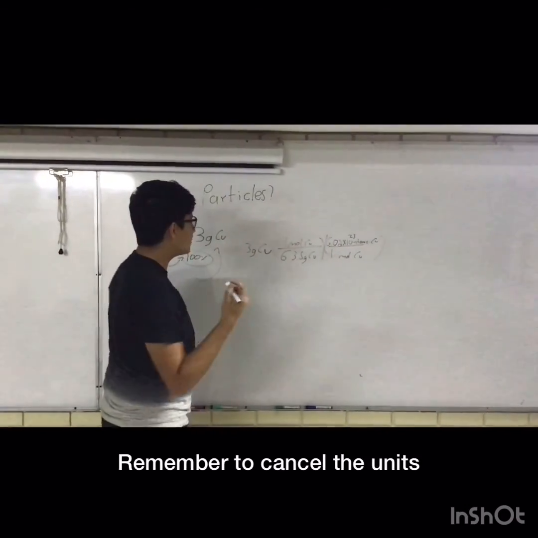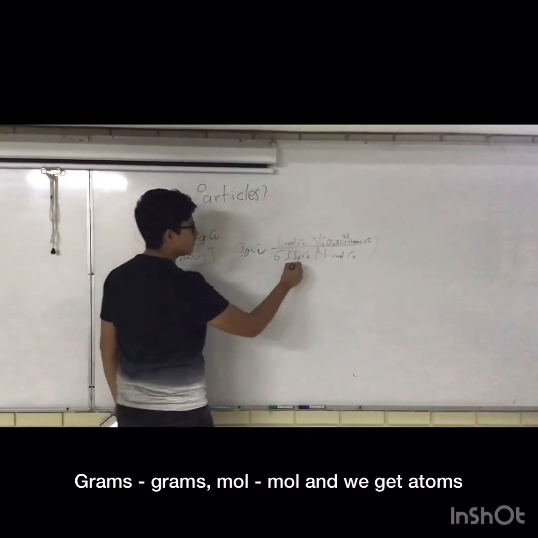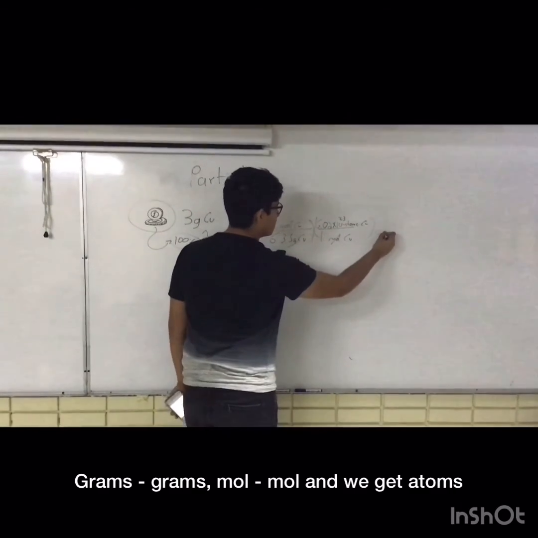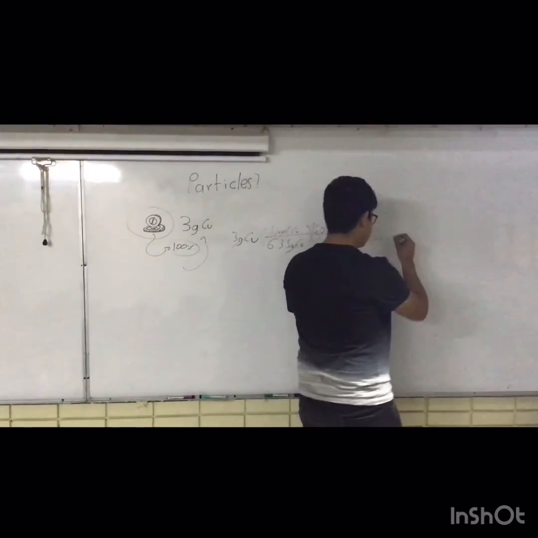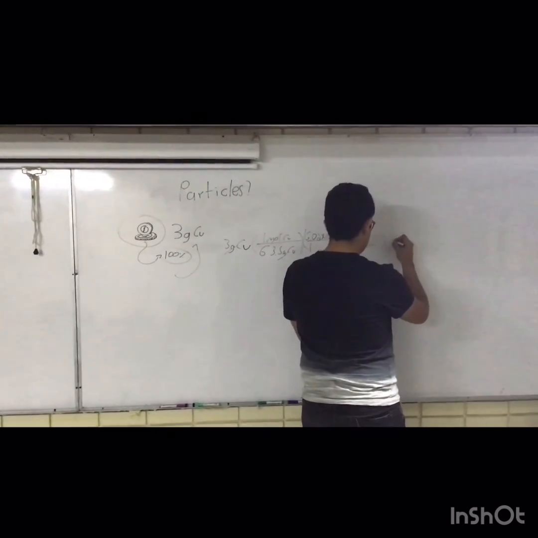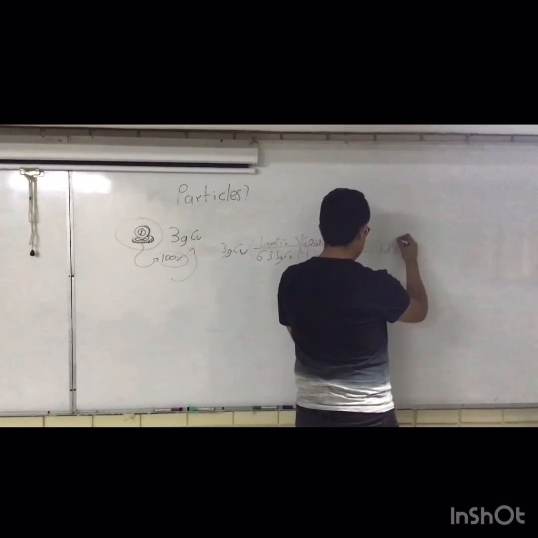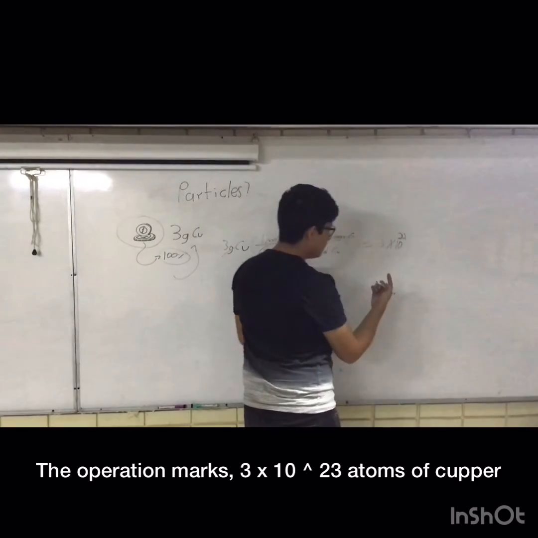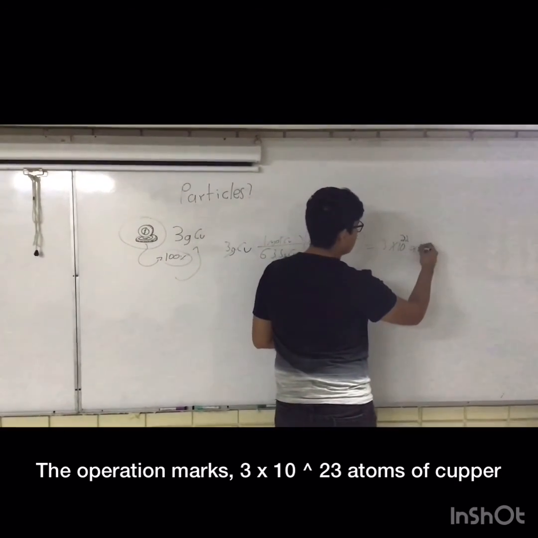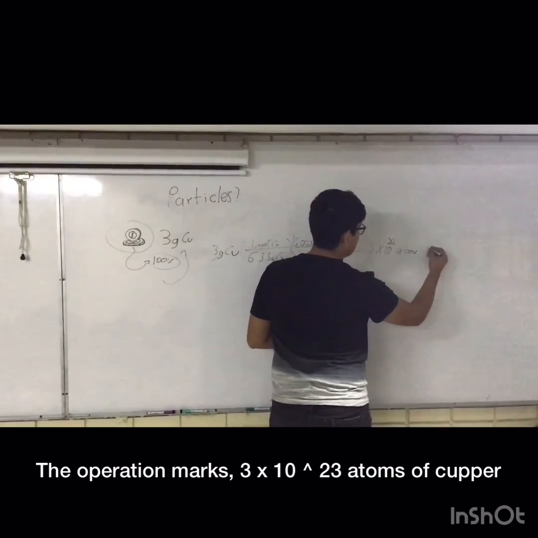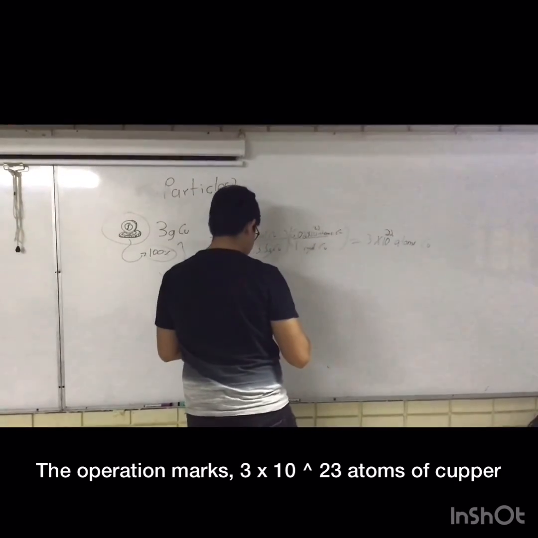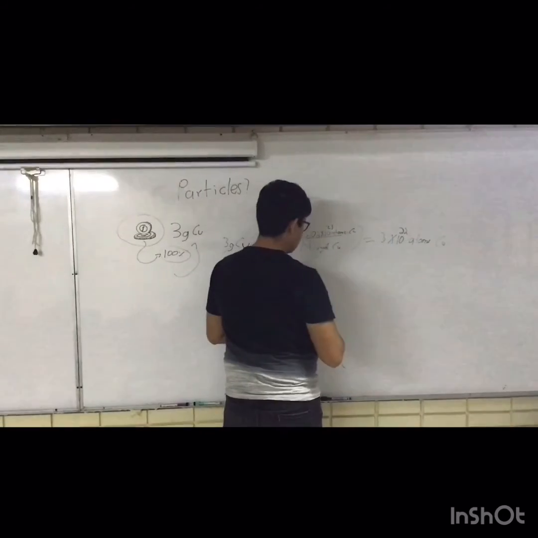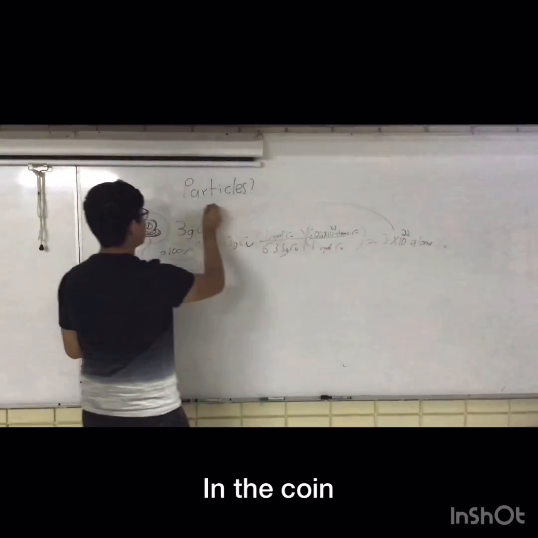Remember to cancel the units: grams, grams, mole, mole, and we get atoms. The operation marks 3 times 10 to the 22 atoms of copper in the coin.